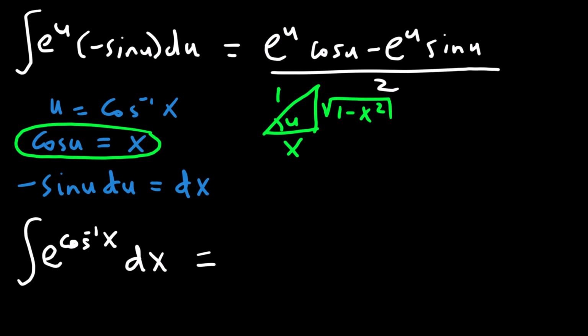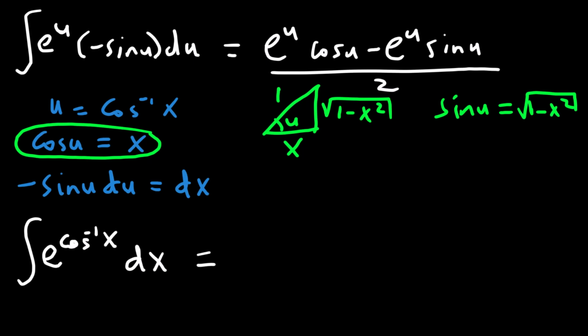This means that from this we can find sine u. Sine u will be, sine is the same as opposite divided by hypotenuse. Therefore this will be square root of 1 minus x to the power of 2 divided by 1, which is the same as square root of 1 minus x to the power of 2.